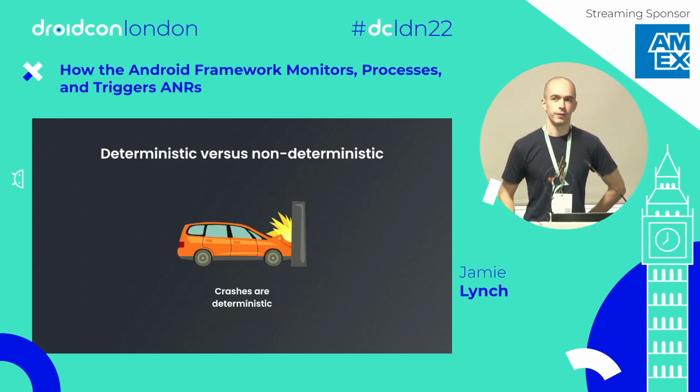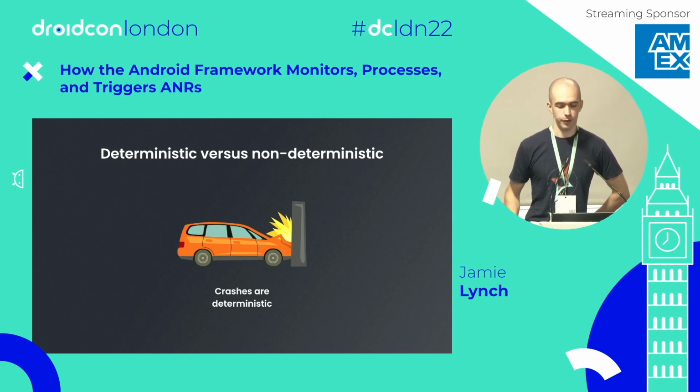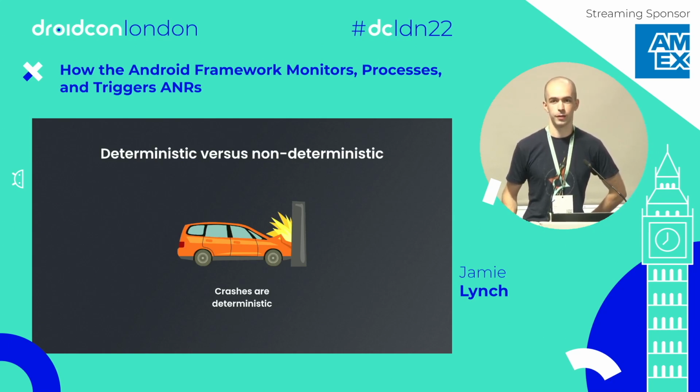Another important thing to touch on here is that there's a difference between deterministic and non-deterministic behavior. A crash is basically deterministic. You're triggering a condition in your code, and it's pretty much always going to be the same, so it's a bit easier to reproduce.